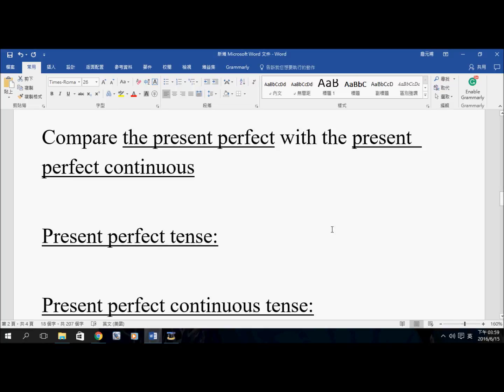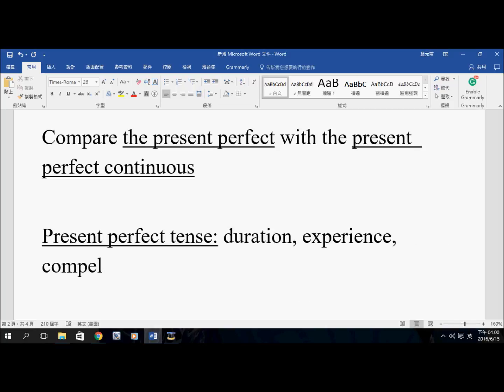So first of all, let's talk about the present perfect tense. We know the present perfect tense, we can use it to talk about 3 different situations. Number 1 is talking about the duration. Number 2, for somebody's experience. And number 3, we can use it to talk about the completion of things.